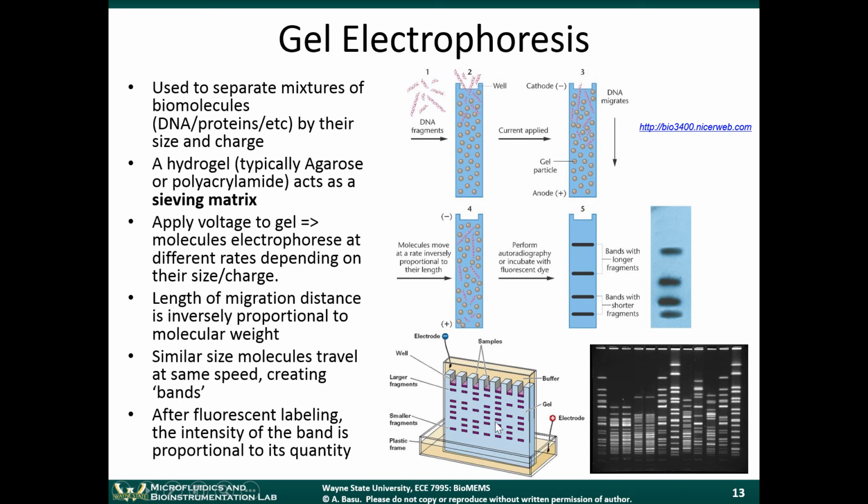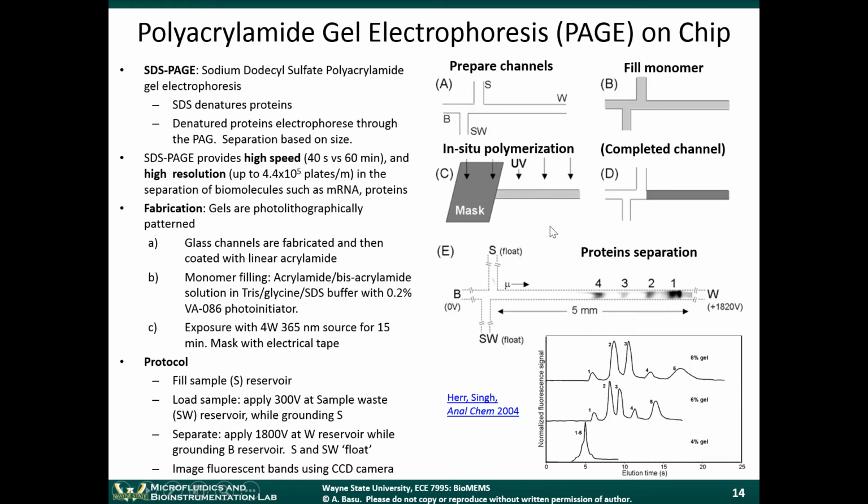If you're doing the same thing in a microfluidic channel, you can still get reasonable separations, but you don't require as much time because your size is smaller. There's less distance for it to migrate. The challenge is maintaining the same separation resolution after miniaturization. That's the tricky part of it.